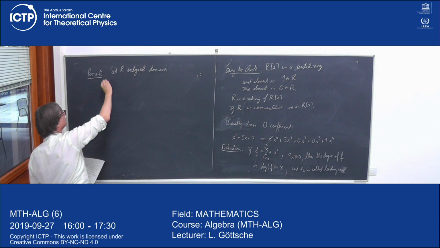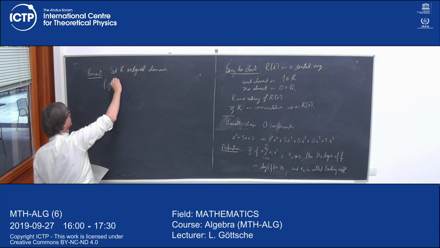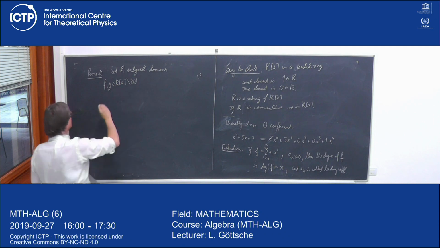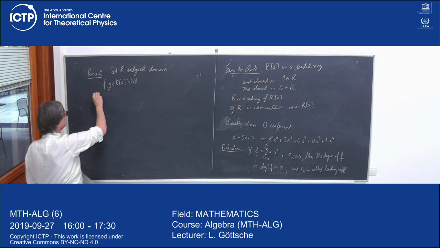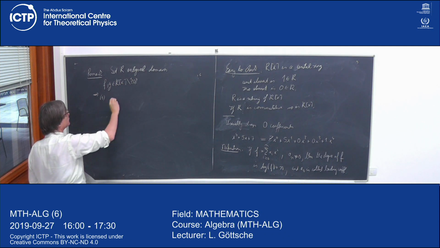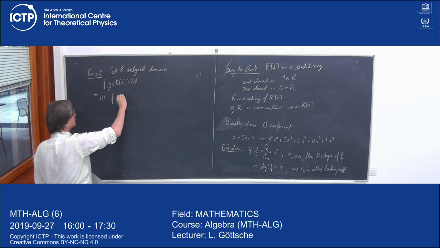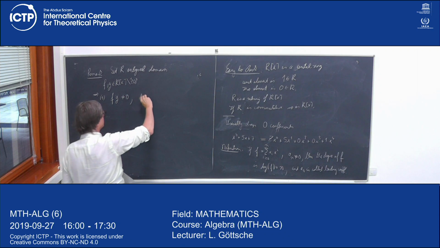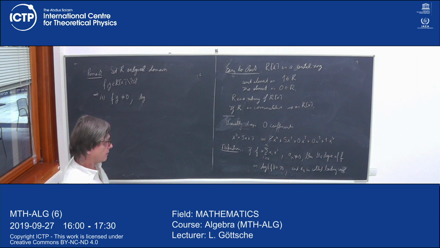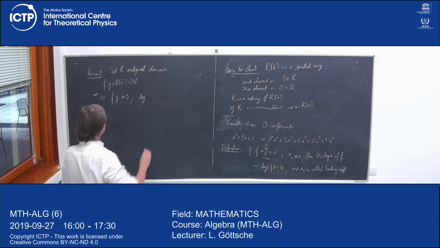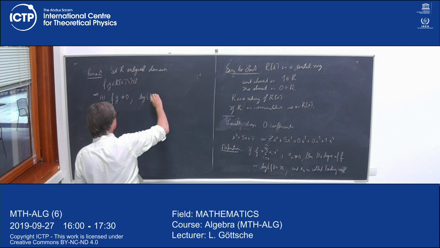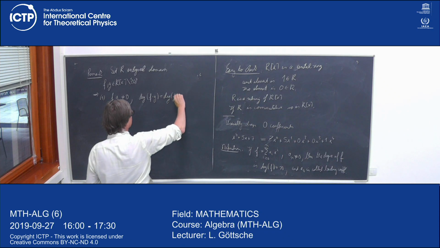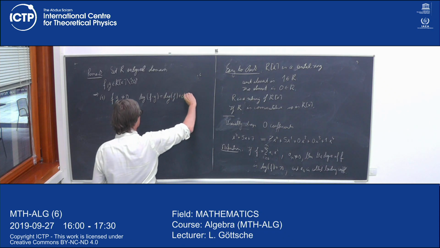So, we take two non-zero polynomials f and g. Then first, f times g is non-zero, and in fact the degree of f times g is equal to the degree of f plus the degree of g.